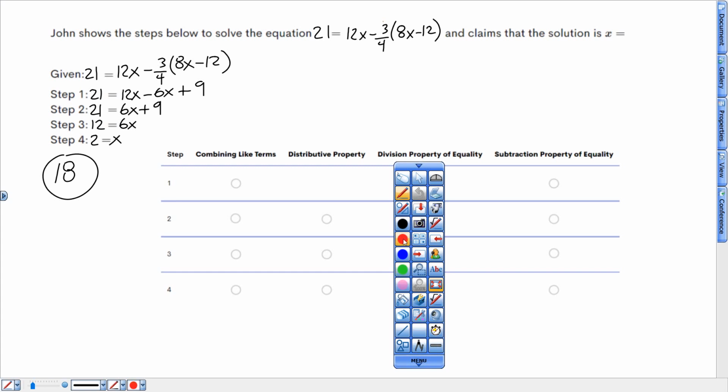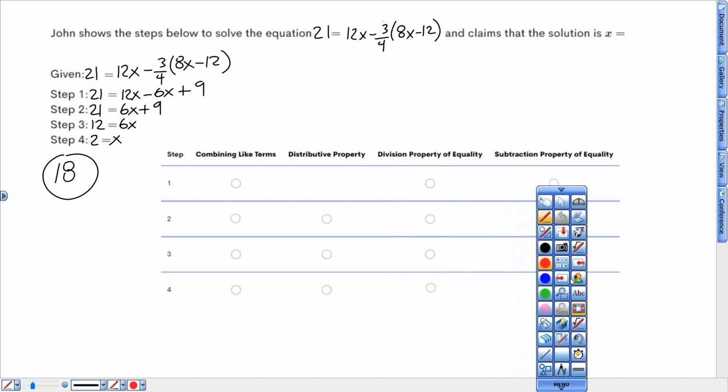So right here, I could see that first step to get this, and I'll show you how they get this negative 6x and 9. They get that by distributing. They're distributing this negative 3/4 right there. And again, when you're doing that, that's kind of tricky.